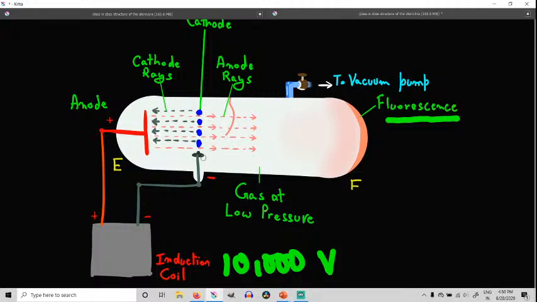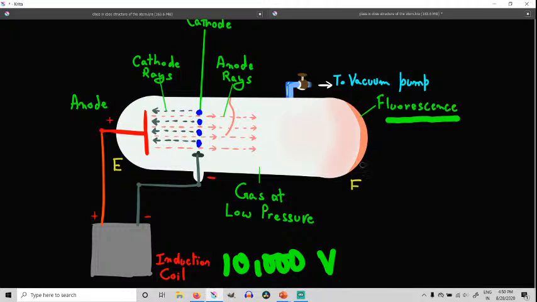What was the initial point we should remember? We know that the existence of the positively charged particle in an atom was shown by Goldstein in 1886. He took a discharge tube with a perforated cathode, and he took a gas at a very low pressure inside the discharge tube, and on applying high voltage, that is 10,000 volt, between anode and cathode, he observed the fluorescence.